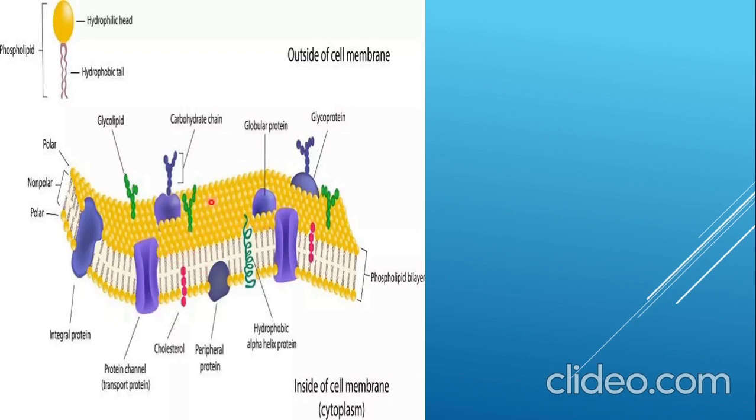Okay, the yellow heads are the polar ends, that is the hydrophilic ends. This is the external surface, outside of the cell membrane, and this is inside of the cell membrane, the cytoplasm. Here also water is present, even inside there will be water content. So when you place one polar molecule in any direction, it will automatically orient its hydrophilic end towards the presence of water.